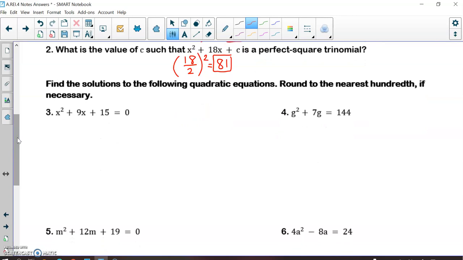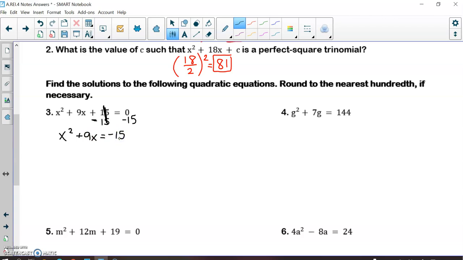So the first step when completing the square is to isolate your constant, which is different from the quadratic formula and factoring, where we want our constant on the same side as everything else. But in completing the square, this is the only time we're going to isolate our constant. And so now I have x squared plus 9x is equal to negative 15.